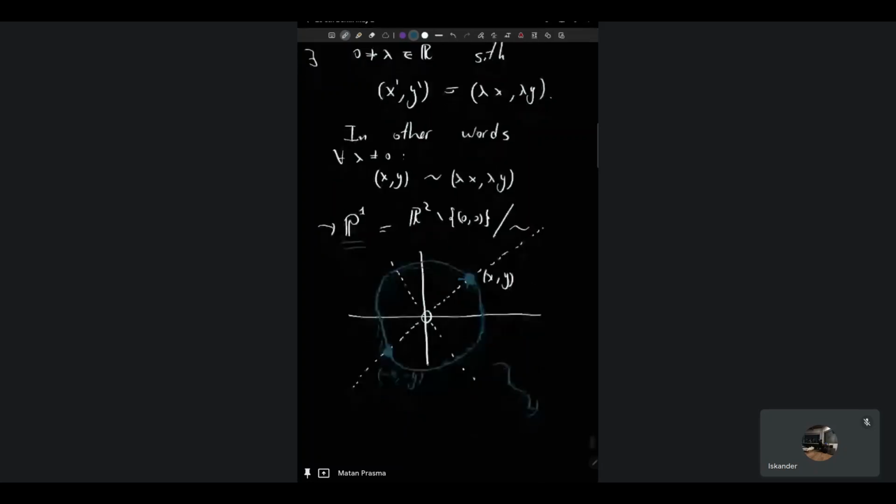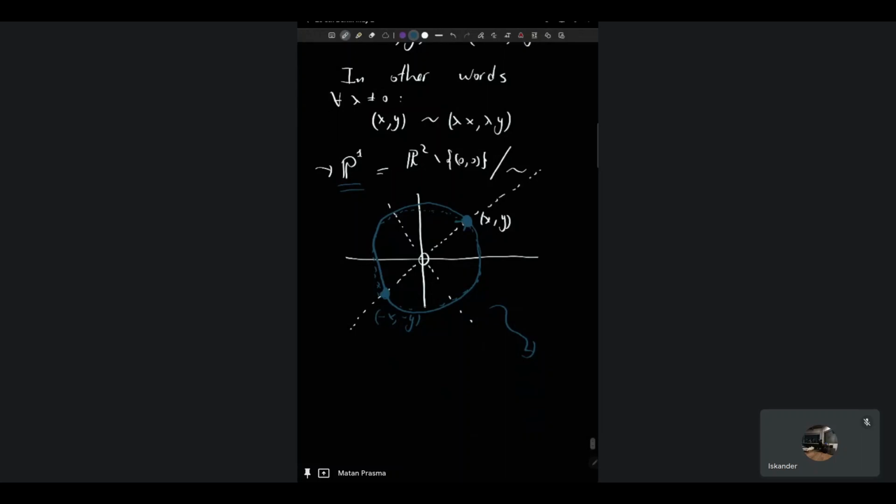And if you identify two antipodal points, in fact, you get another circle, because this is like taking the circle, dividing it into two halves, and gluing them one on top of the other. But of course, this point is identified with the antipodal point here. So I get again the circle.